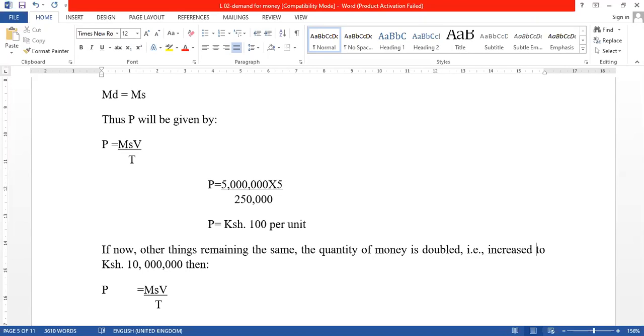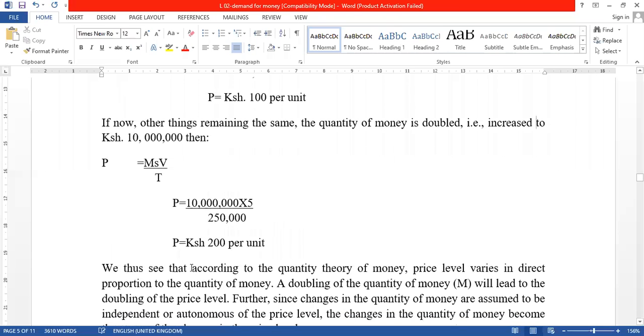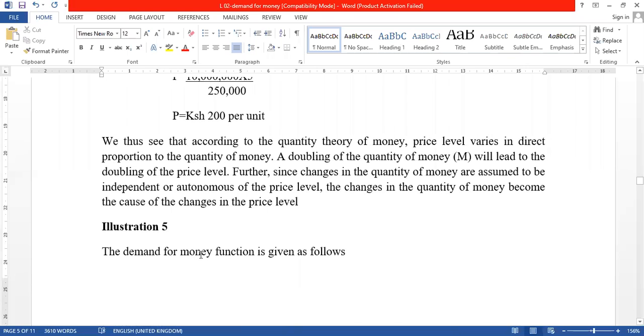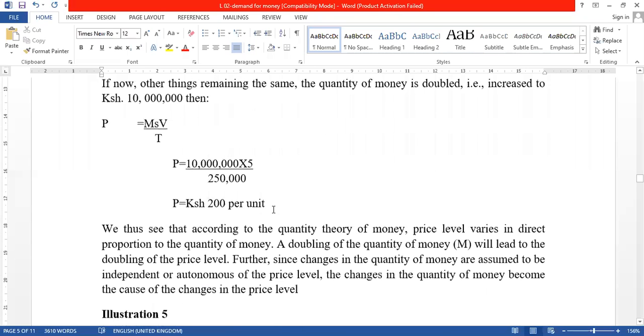Calculate the price if we double the quantity of money. It becomes 200. It becomes 200 per unit.